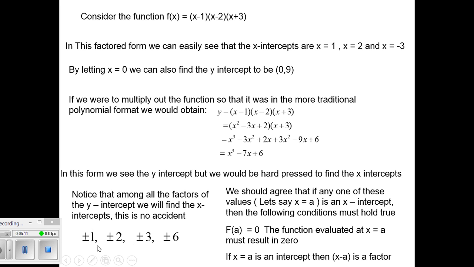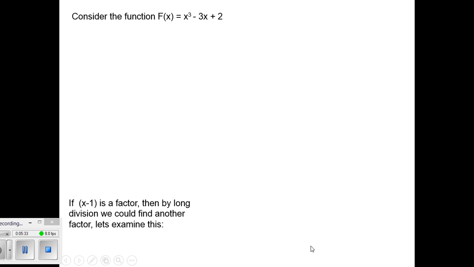So there's 12 possible factors. If one of those values, x equals a, is an intercept, then two things ring true. The function evaluated at that value is 0, and the factor is x minus a. We've got to bear that in mind with what we're going to look at.